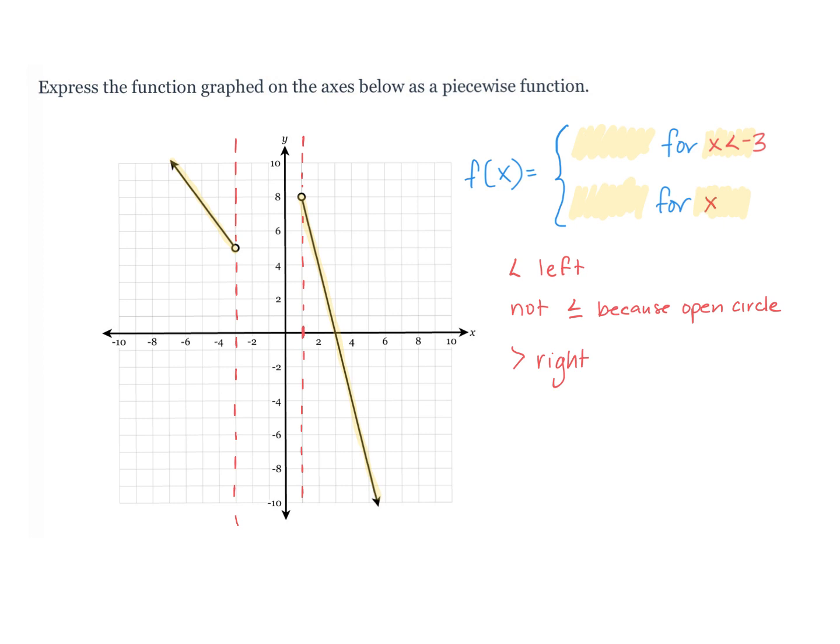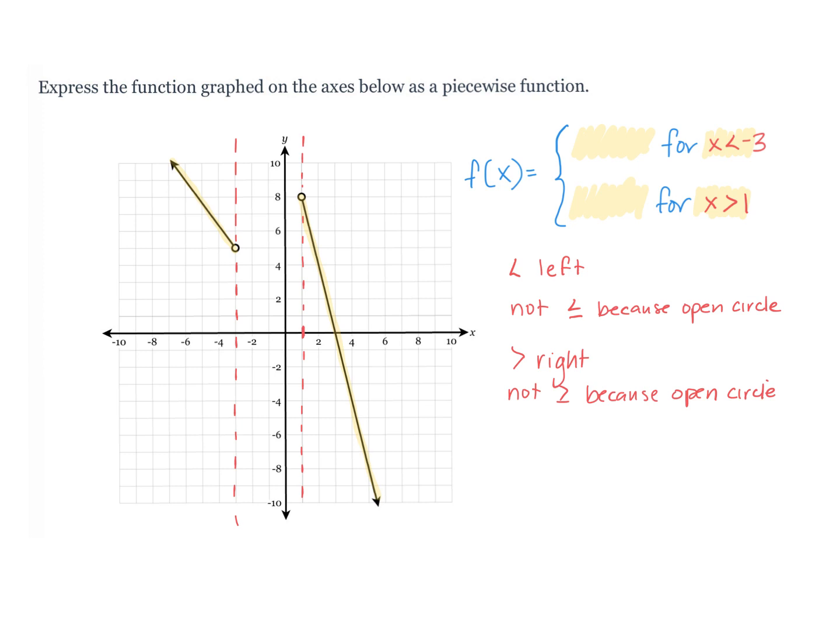So x is going to have to be greater than 1. Once again, I know that it's not a greater than or equal to because of the open dot or the open circle.